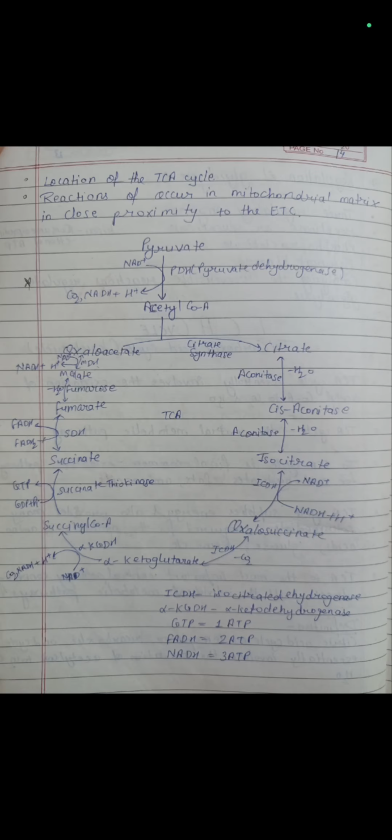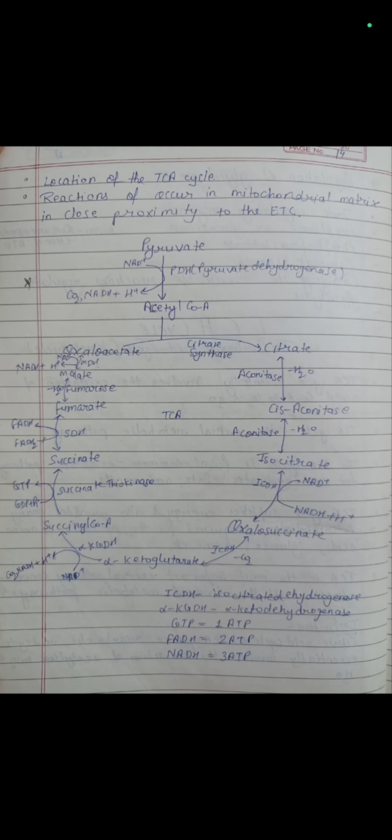Then isocitrate is converted into oxalosuccinate, and this is a reversible reaction in presence of isocitrate dehydrogenase enzyme, and from NAD we get NADH plus H plus. Then oxalosuccinate in presence of isocitrate dehydrogenase is converted into alpha ketoglutarate, and here carbon dioxide is removed.